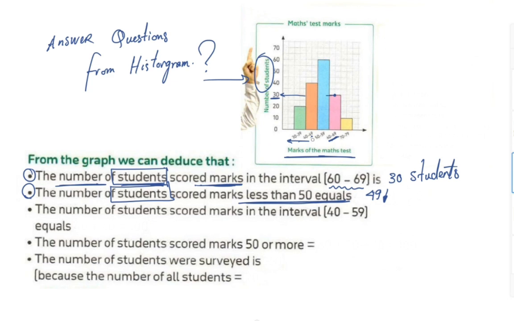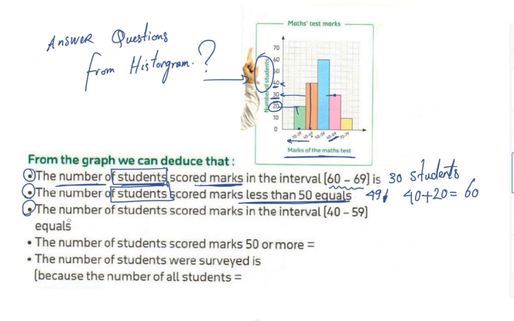I will start with 49 and less. Now we have this bar and this bar. This bar goes up to 40 students, plus this bar we have 20. Now the total is 60 students.